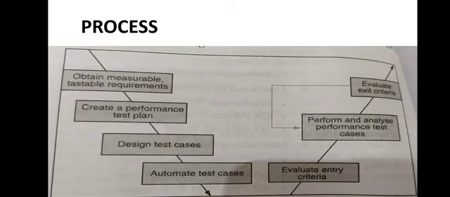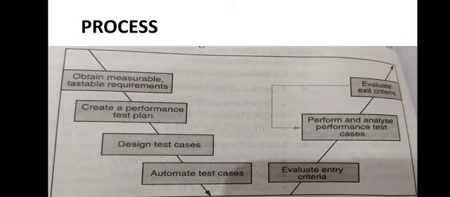You can see here in the diagram that when we talk about the process of performance testing, first of all, as we have stated in the last slide, we have to obtain the measurable testable requirements, only testable. That means we will collect all, but we will select only testable. After that, we will go for a test plan.